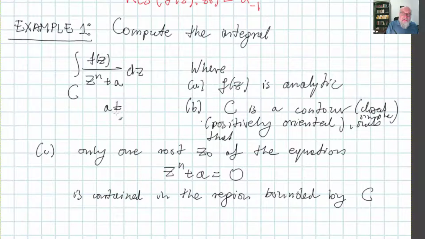Of course, assume a is different than 0 just to avoid some more trouble.